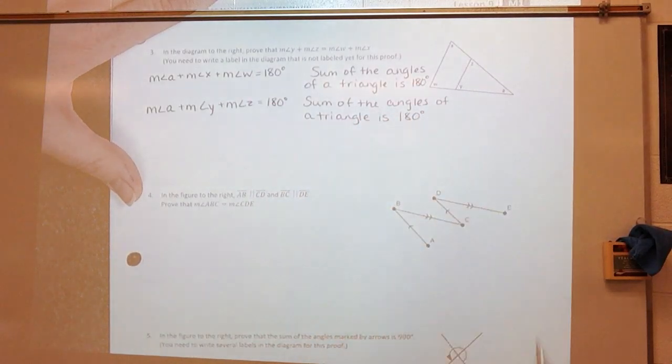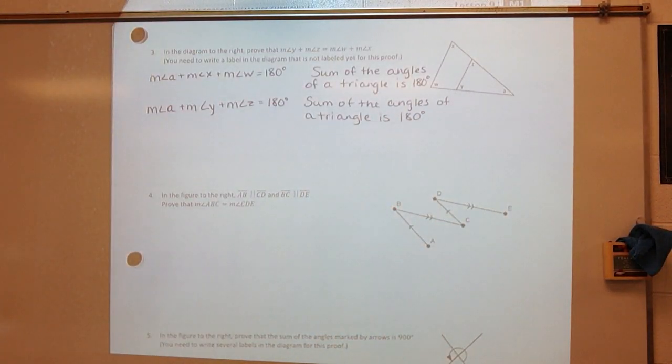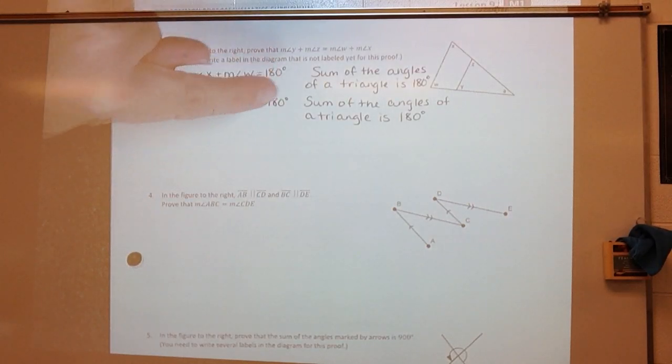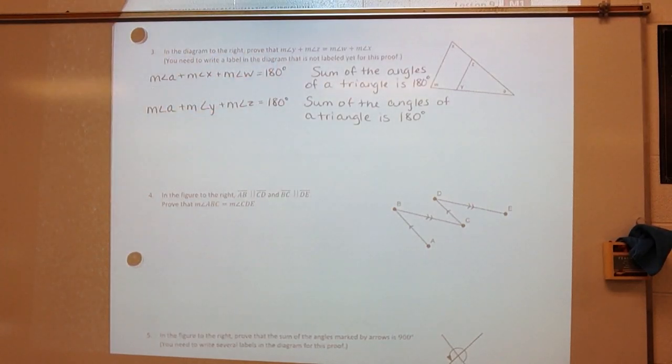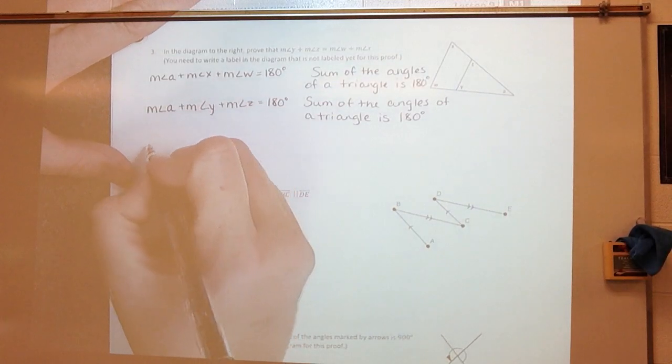All right, because the sum of the angles of a triangle is 180 degrees. So I've now proven that we have that. Now, let's look at this. I know all of this equals 180. I know all of this equals 180. So because I know it's all equal to 180, look what I can write.